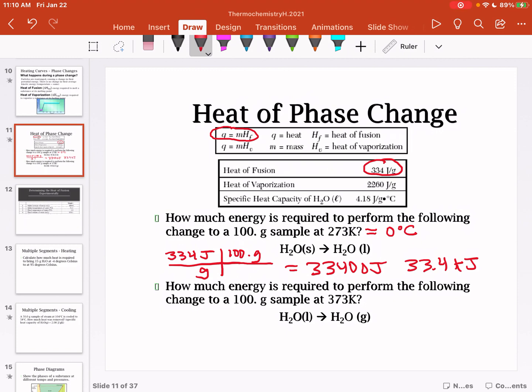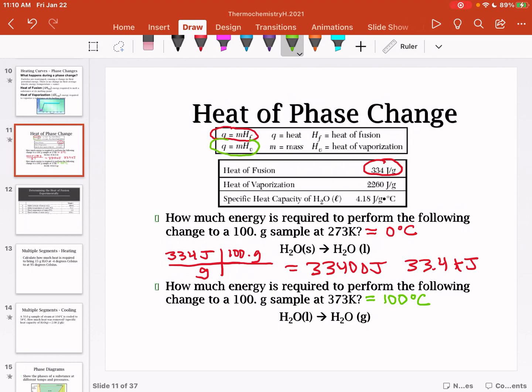Second example, this time we're looking at vaporization. That same 100 gram sample is now at 373 Kelvin. If I subtract 273, you can see that that's at its boiling point. So we are looking to vaporize liquid water to a gas. And so I need heat of vaporization this time.